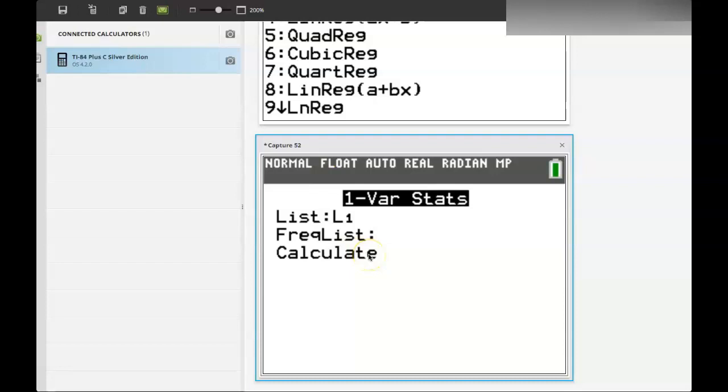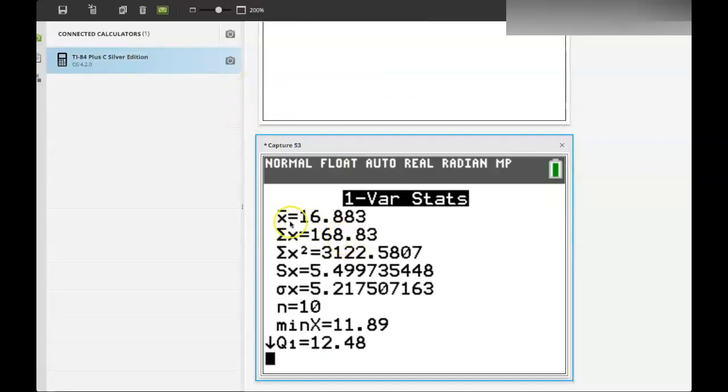So we have this. Here it is based on L1, but I should have L2. But let's find both of these. First, I'm going to find X bar. We don't need that one, but let's find it. So here X bar is 16.883.